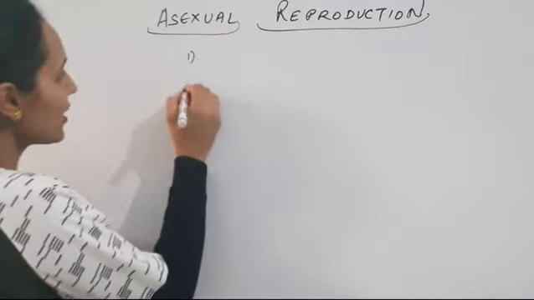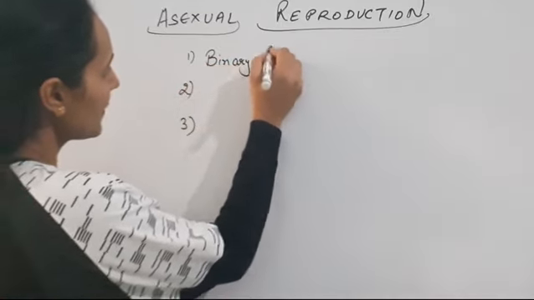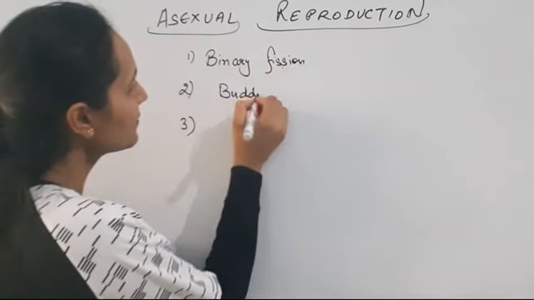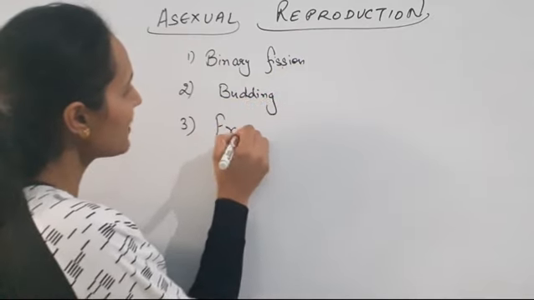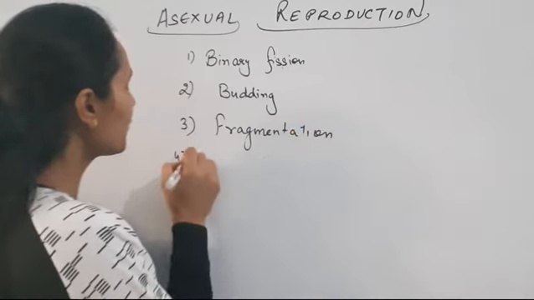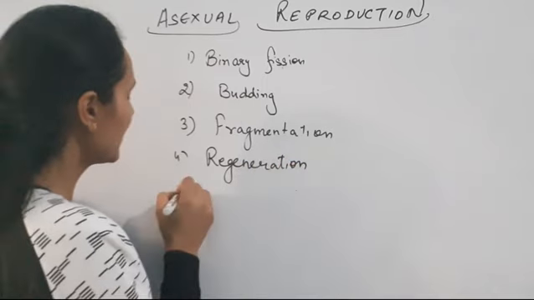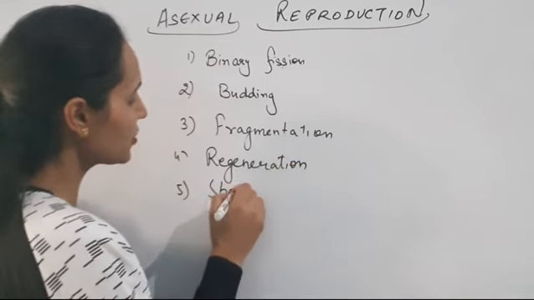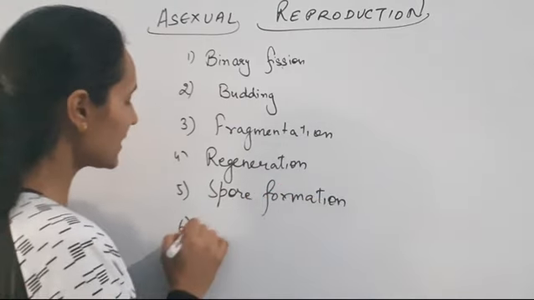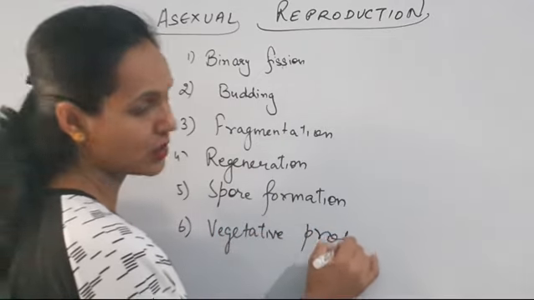So asexual reproduction has various types like binary fission, budding, fragmentation, fourth is regeneration, number 5 is spore formation, and number 6 is vegetative propagation.